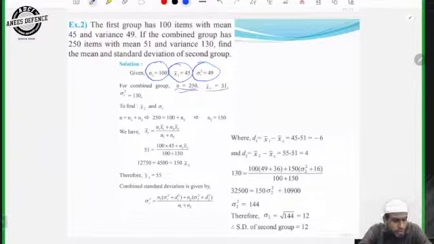The combined mean is 51, and the combined sigma c square is equal to 130. So you have to calculate the value of x2 bar. n1 plus n2 is given as 250, n1 is already 100, so n2 will be 150.